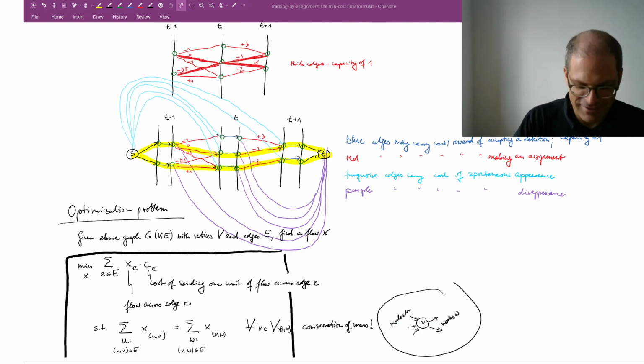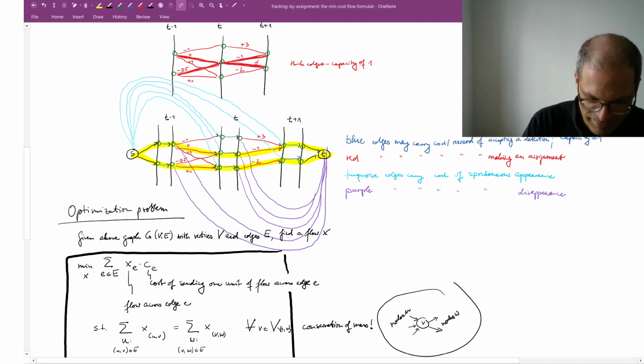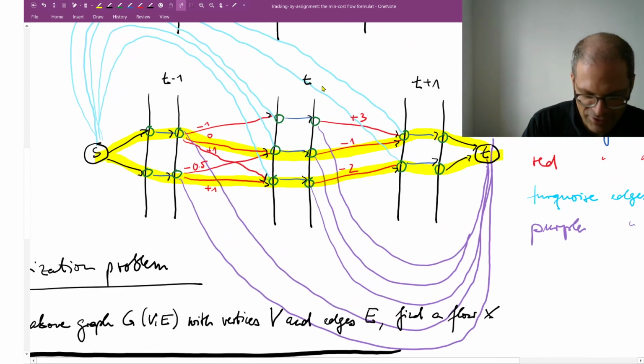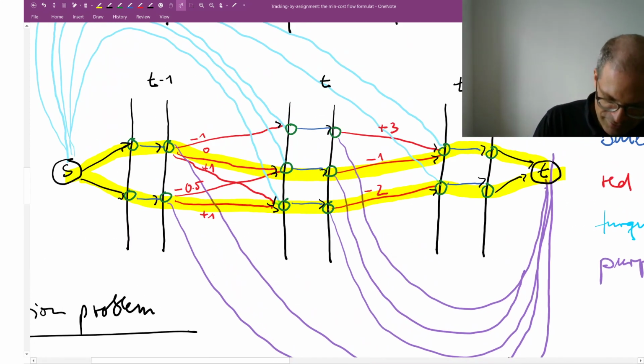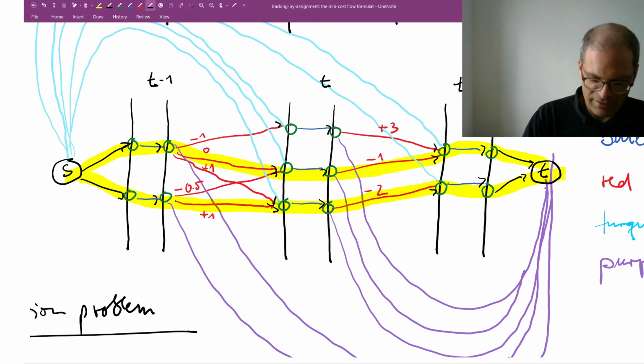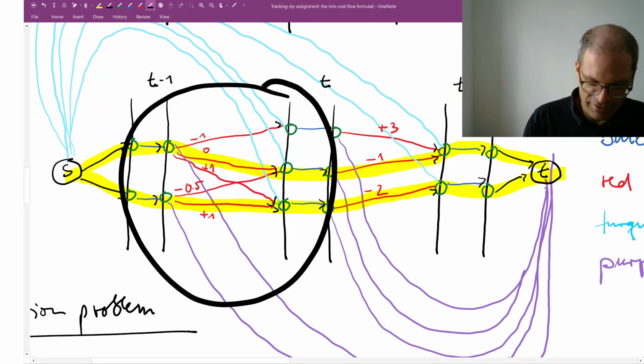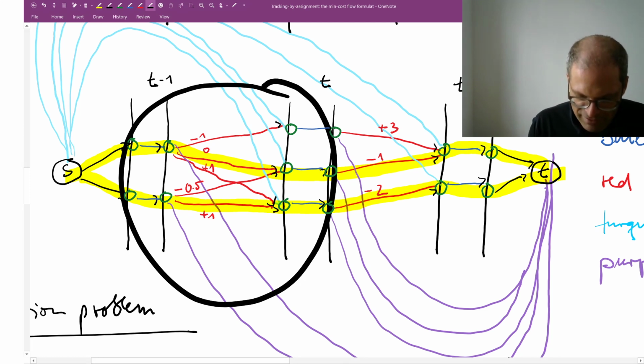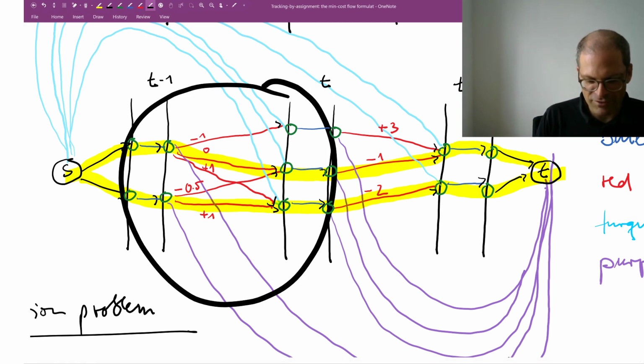So in the chat there was this excellent comment that what I had highlighted here in yellow was not the optimal solution. If I just look at the contribution from this first part, the way I had picked, there was one edge with a cost of 0 and one edge with a cost of +1 that was used.